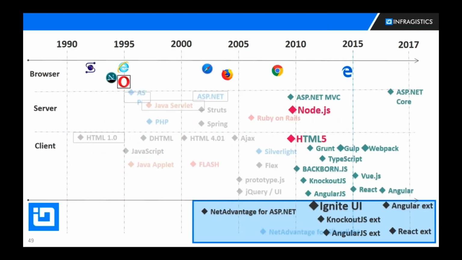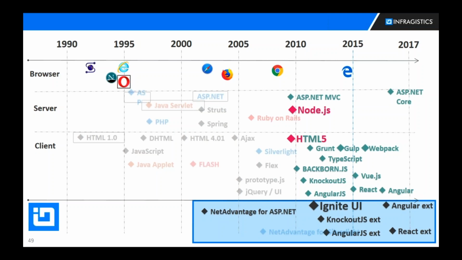So this is the history of web frameworks. As I said, there are a lot of JavaScript frameworks or platforms available. We kept up with the popular frameworks like ASP Web Forms, jQuery, Node.js, React, and Angular.